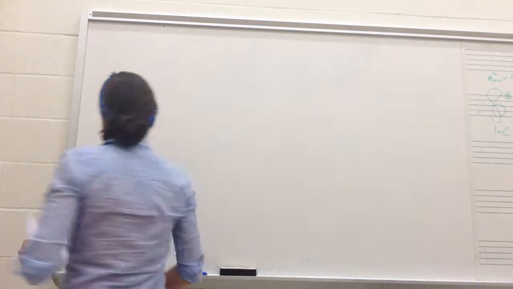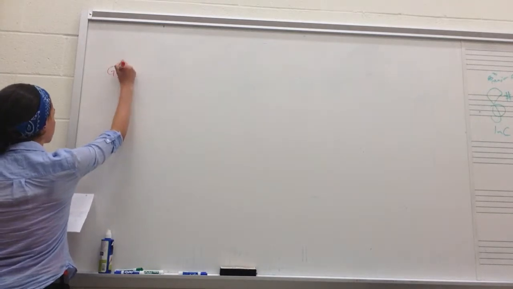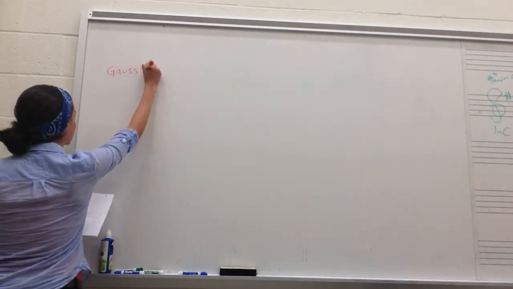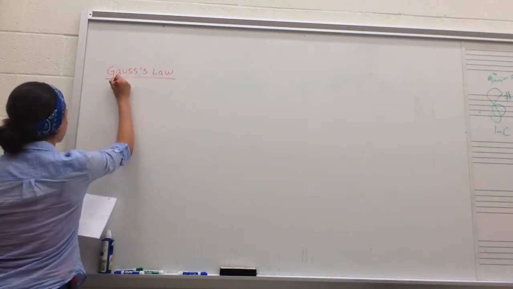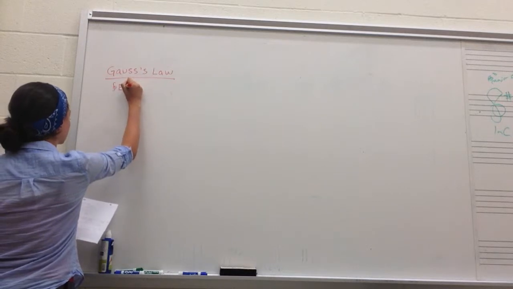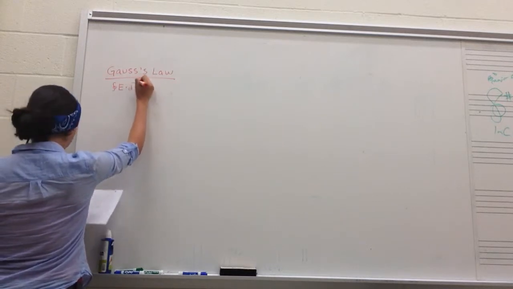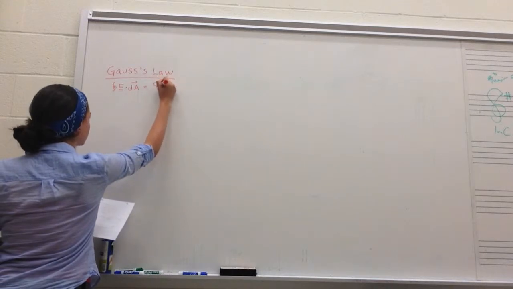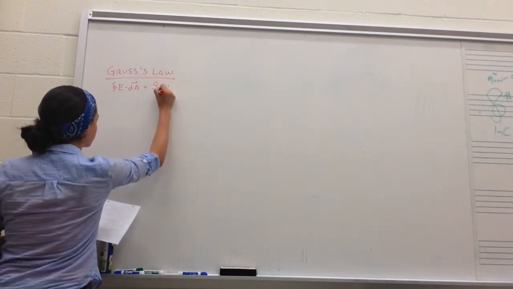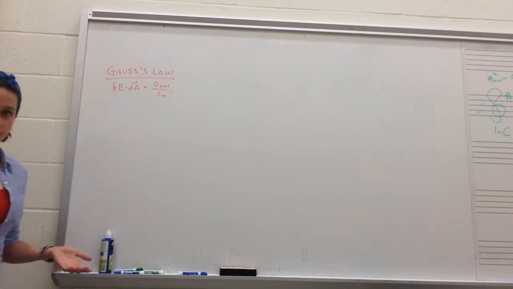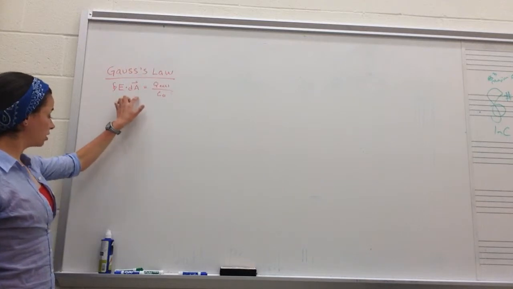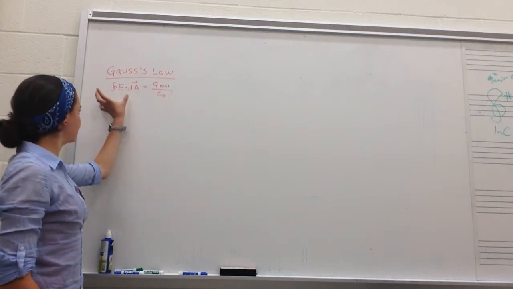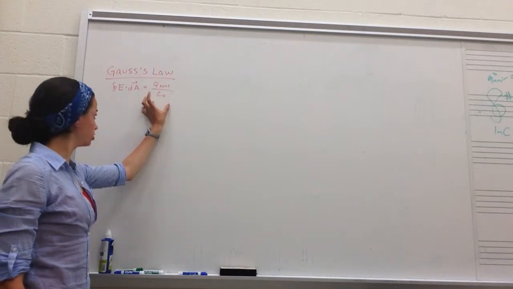Alright, I will write the equation for Gauss's law on the board, and we'll get started. Alright, so here we see that the net electric flux equals the total enclosed charge.